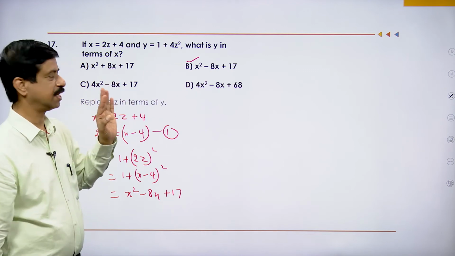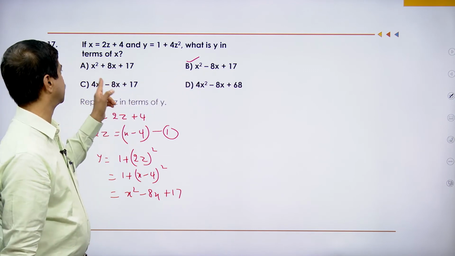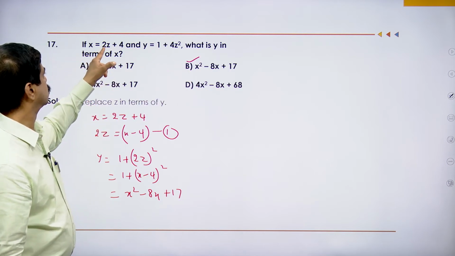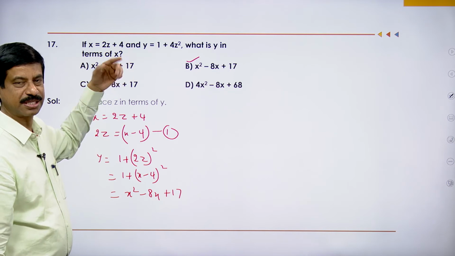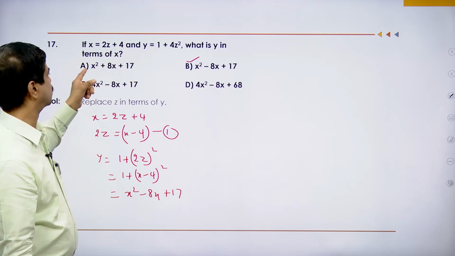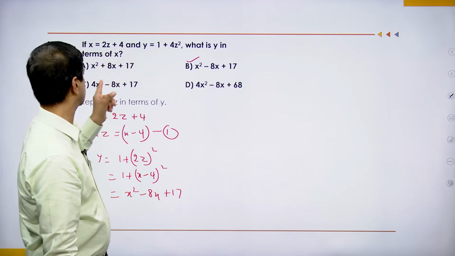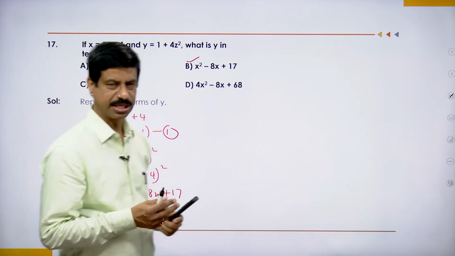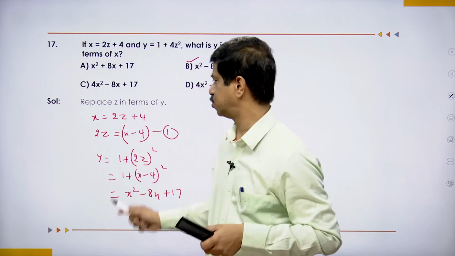3 options are there. In this, these two have minus 8x. So we need to check whether it is x square or 4x whole square. So it is x minus 4 whole square, means x square is there. So the option should be only 1, not this. Like this, I will check this orally. Means same concept, I will calculate in the mind. There is no change in the concept.